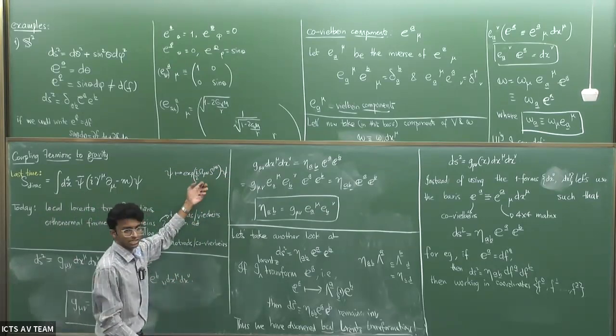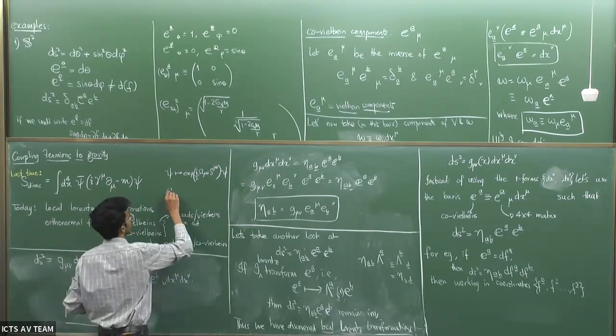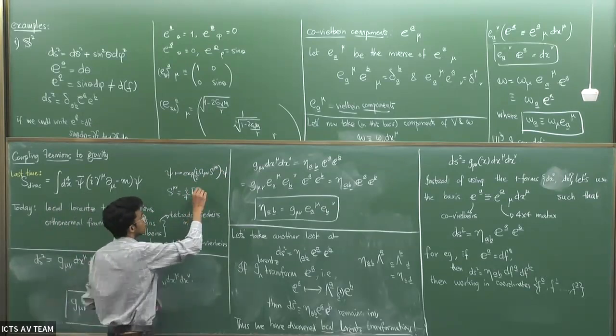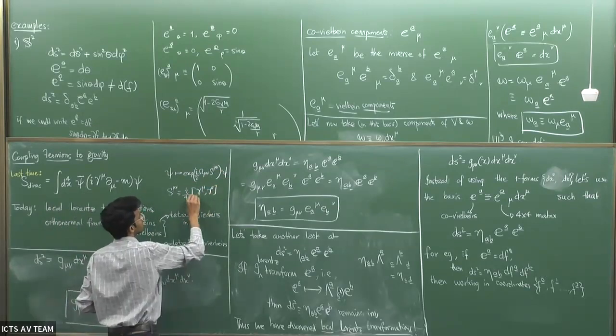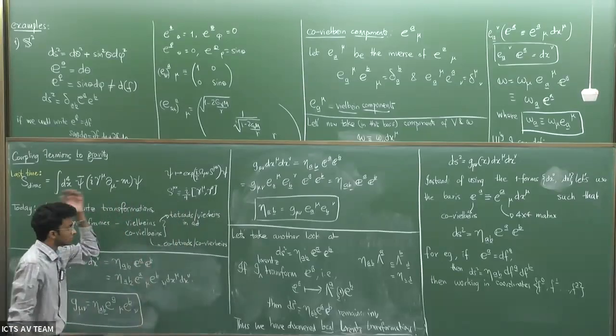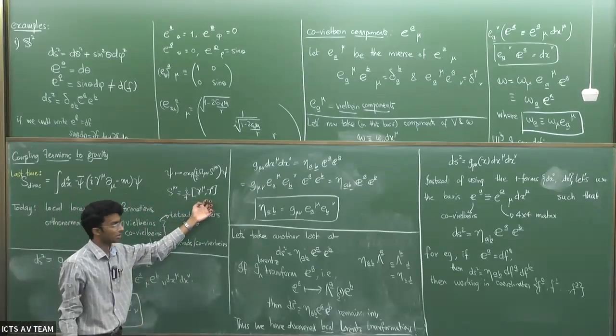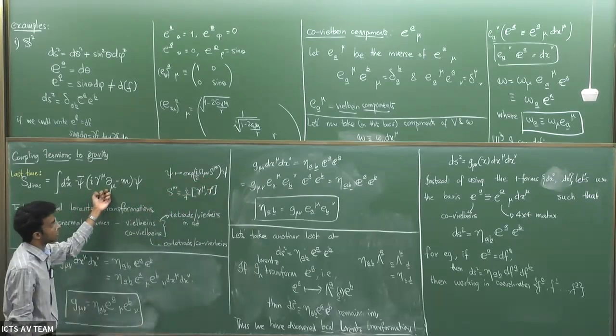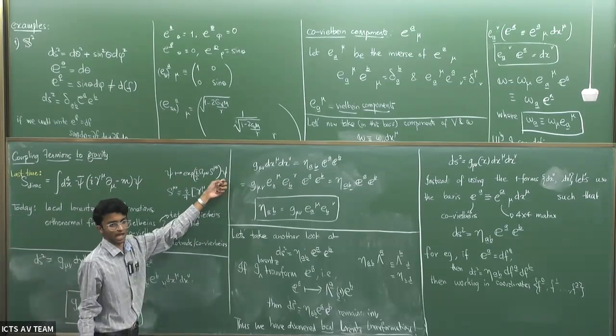And S mu nu was just a commutator of gamma matrices. Right? S mu nu was just i over 4 times the commutator of gamma mu and gamma nu. So this is clearly not a function of x. These are just some constant matrices. And this was also not a function of x. So when you did this del mu, it didn't act on all this. It just acted on that.